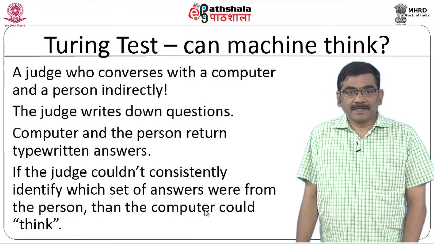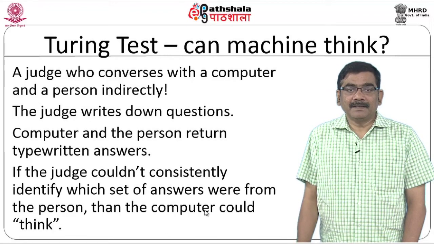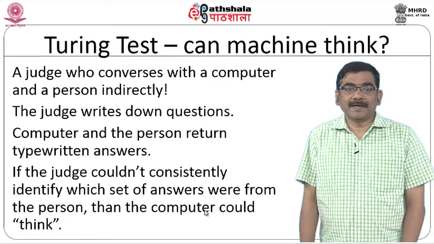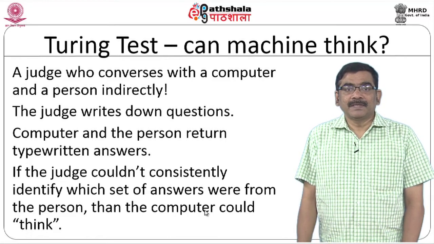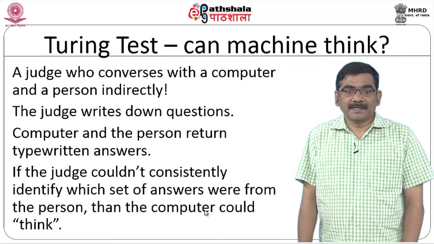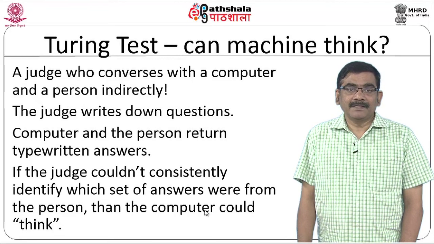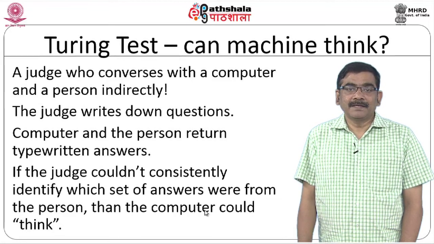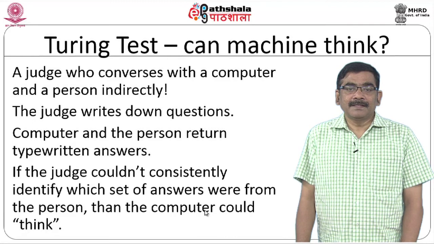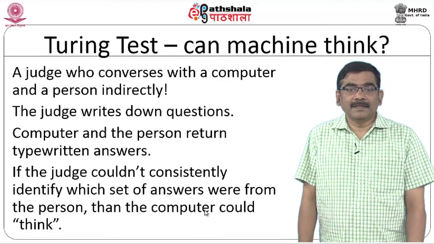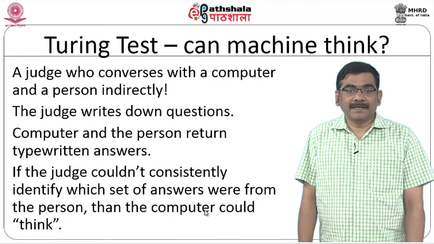Suppose the judge can't determine, then we can say that the computer is acting very smart, similar to the human person. In other words, the machine is exhibiting intelligence. This test is called the Turing test, and this is considered as a litmus test of whether the machine will ever think or not.